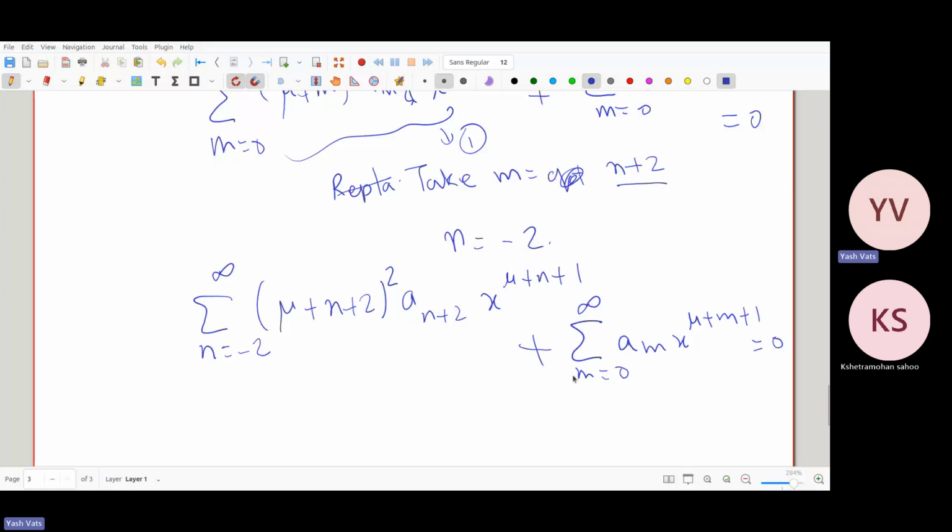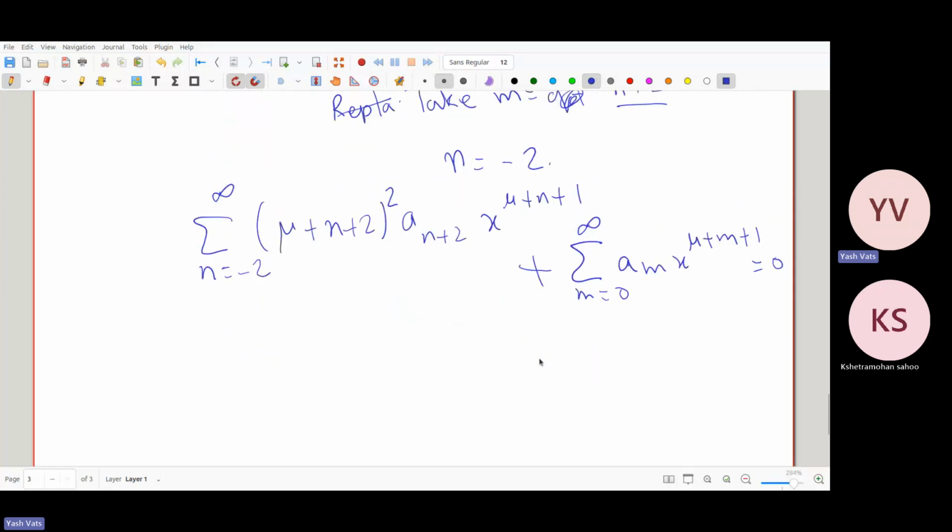But here the same powers are not there, so we need to fix it in this way. What is the coefficient of x to the power mu plus 1, if n is minus 2 and here m is 0?